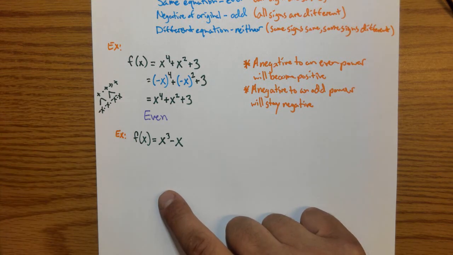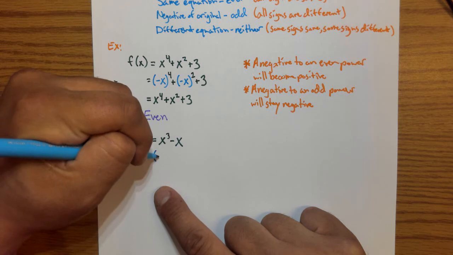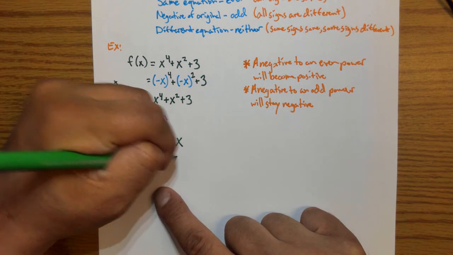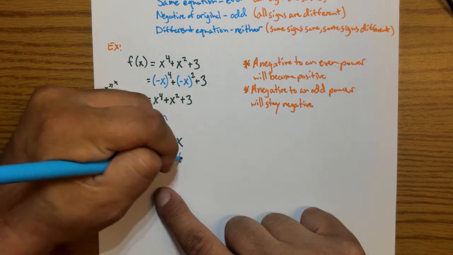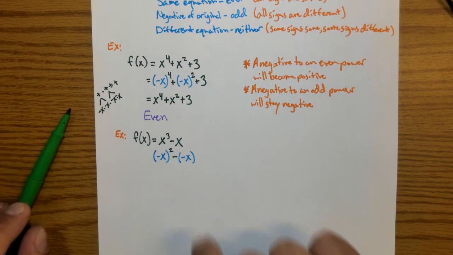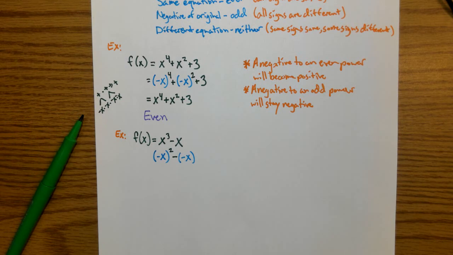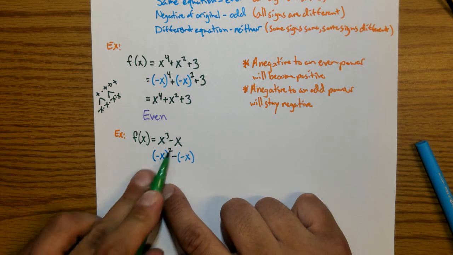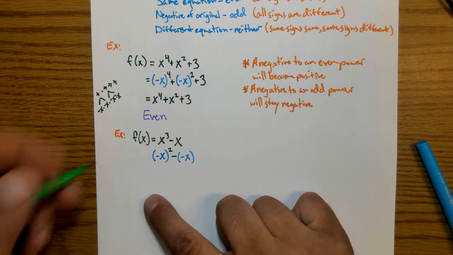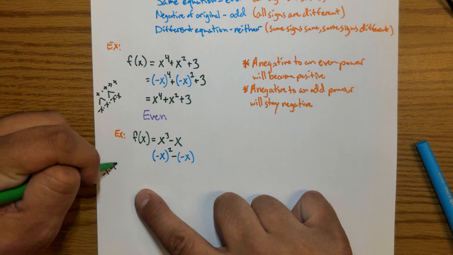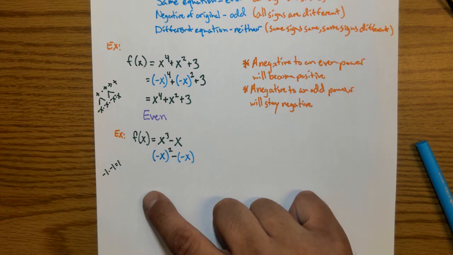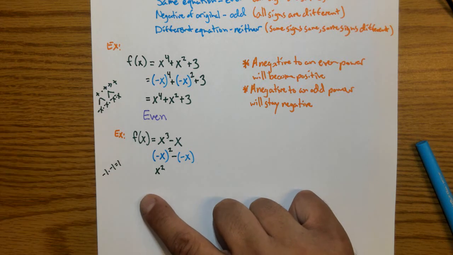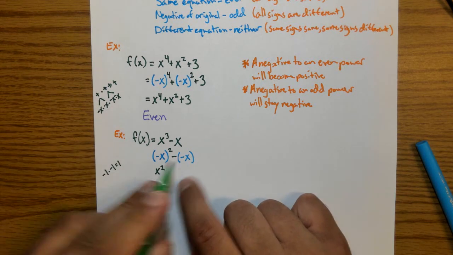So here we will have negative x cubed minus negative x. Okay? Again, every time I saw an x, I just plugged it in, right? Now, negative x squared, that's going to become positive, just like negative 1 times negative 1 equals positive 1.